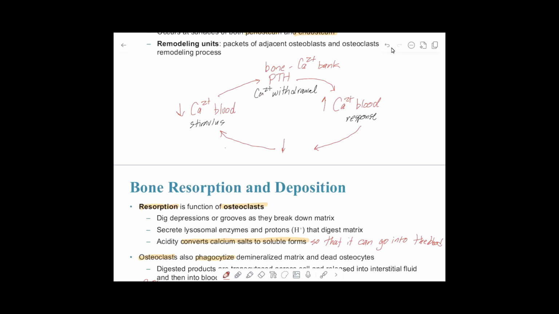Usually it's a decrease in PTH. There are certain situations where the hormone calcitonin can play a role, but it's osteoblast activity, which would be a calcium deposit. So again, when you see calcium withdrawal, you need to think osteoclast. And when you see calcium deposit, you need to think osteoblast.